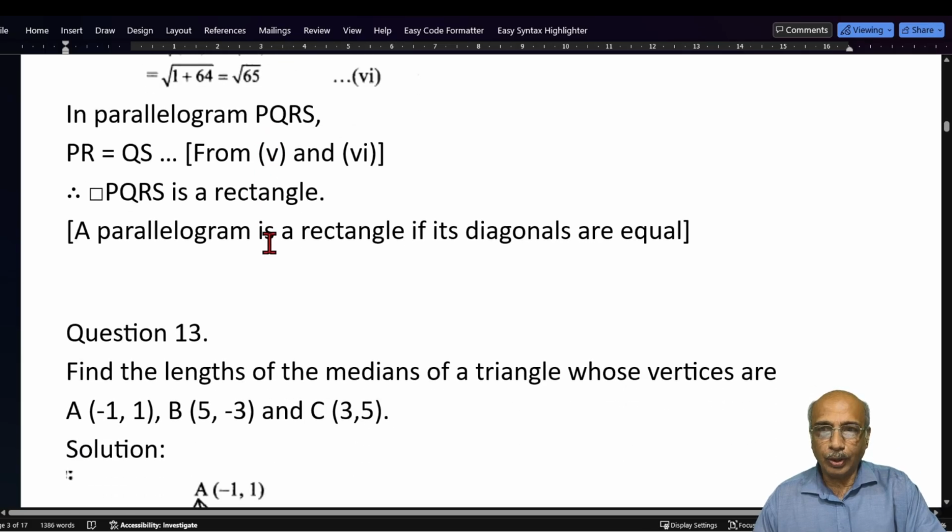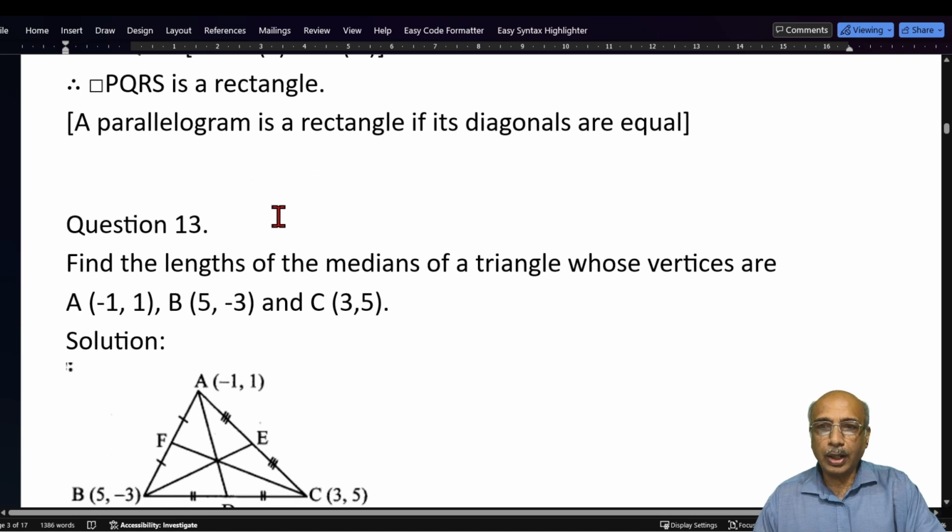In parallelogram PQRS, PR equals QS from equations 5 and 6. Therefore, quadrilateral PQRS is a rectangle. A parallelogram is a rectangle if its diagonals are equal.